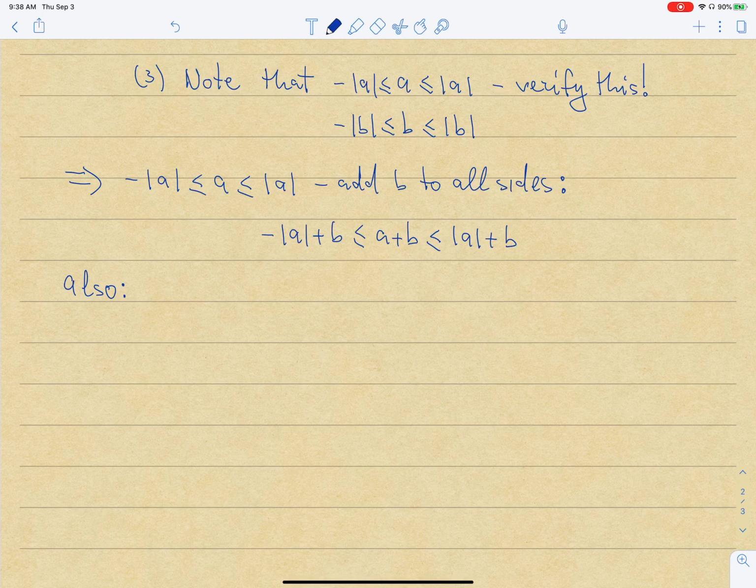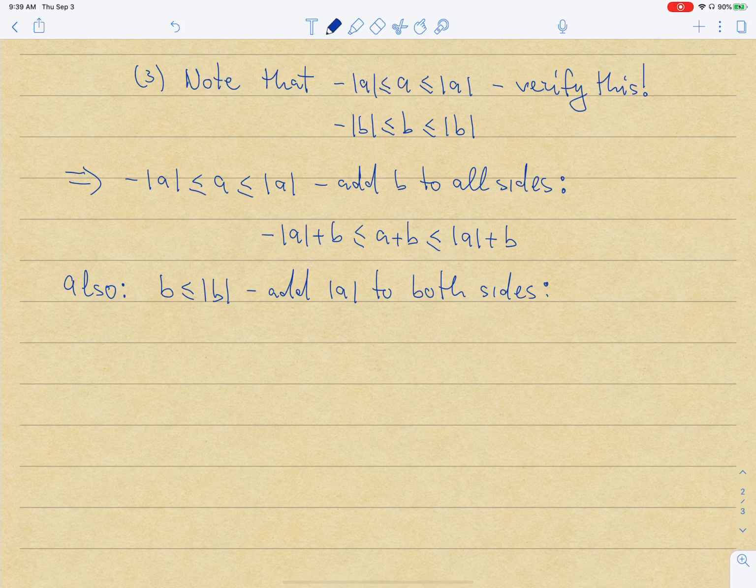So also, if I take the half of inequality, B less or equal than absolute value of B, and then I will add absolute value of A to both sides, which I can do by using the property, I believe, O3, that I can add the same number to both sides of the inequality.